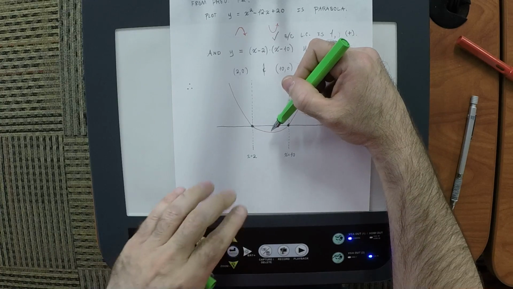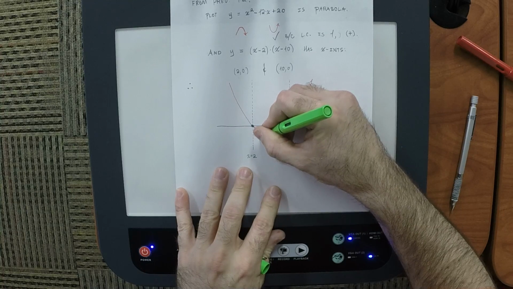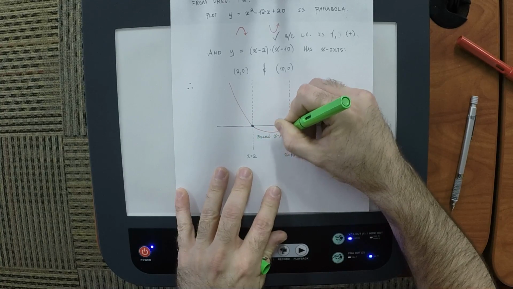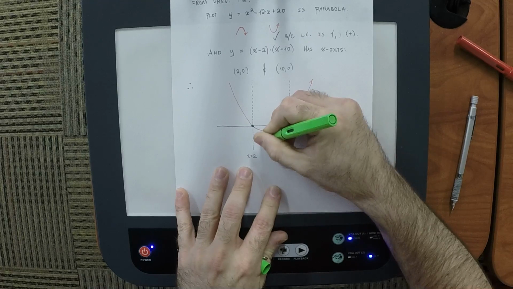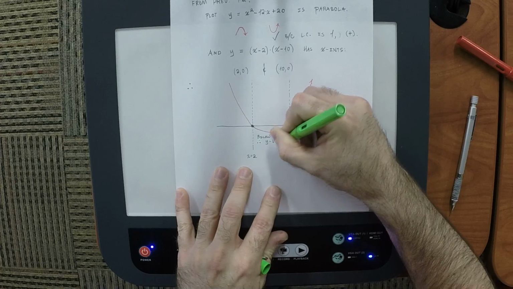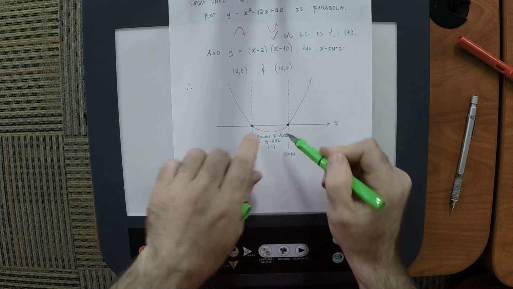They're all less than 0. So observe that all of this is below the x-axis. And as a result, the y values are negative. All of these red points.